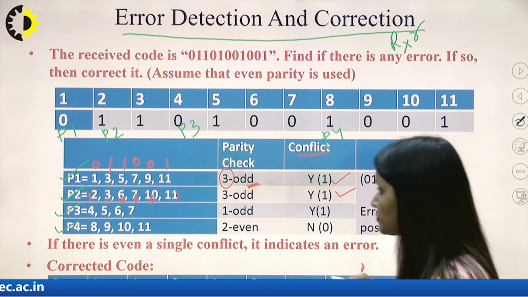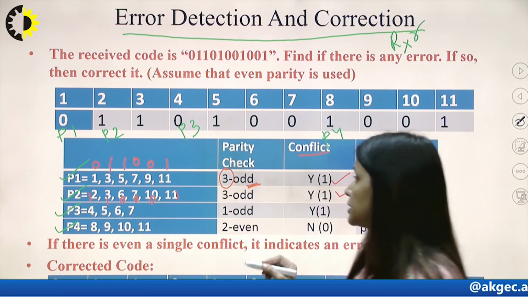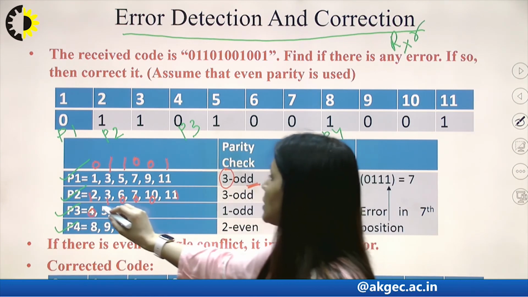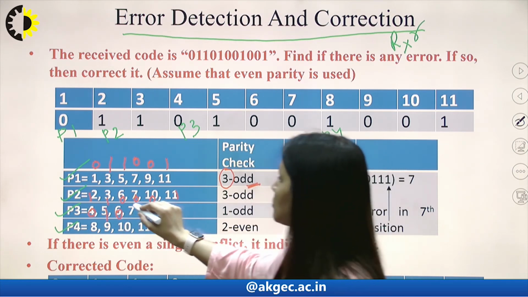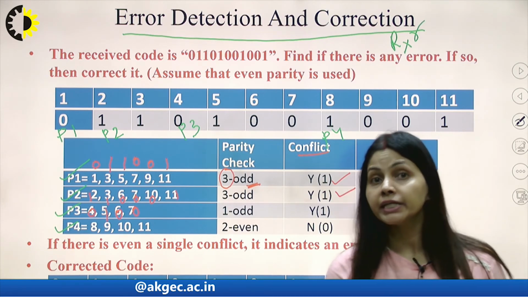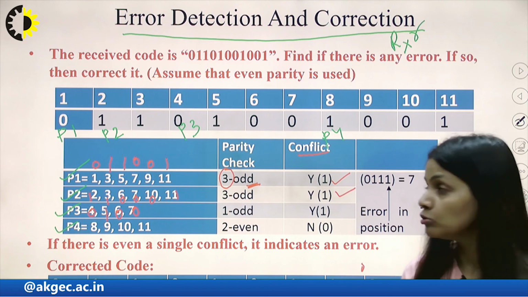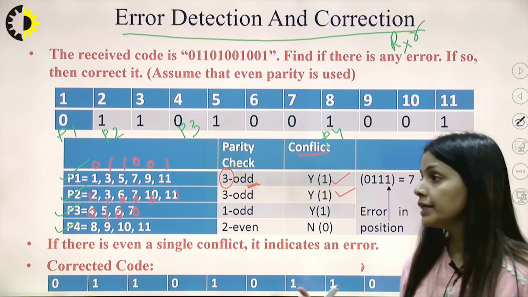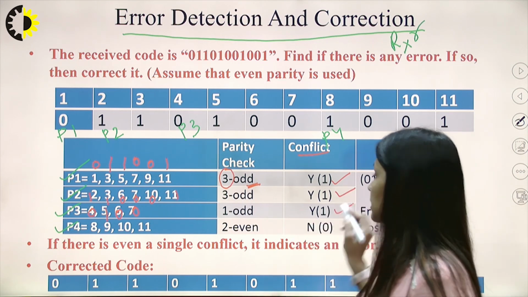Now again P3, 4 5 6 7. 4 I will write 0, 5 as 1, 6 as 0, 7 as 0. Again only one bit is there here. So the receiver will ask whether I should add some 1 to my original data sequence to make it even. Yes. For yes again it is 1.